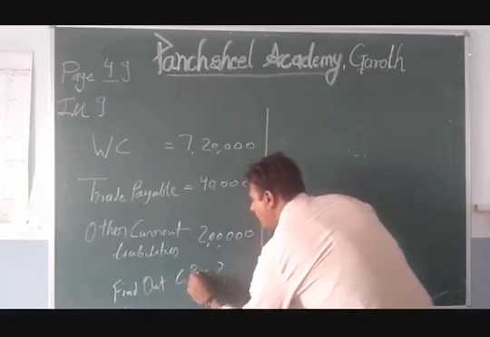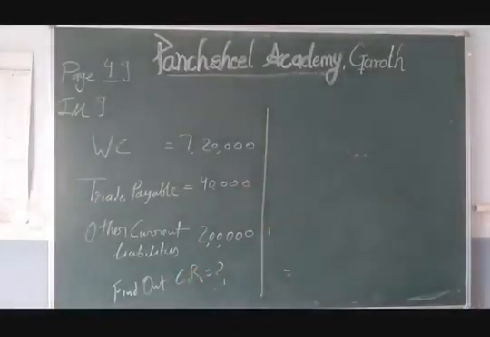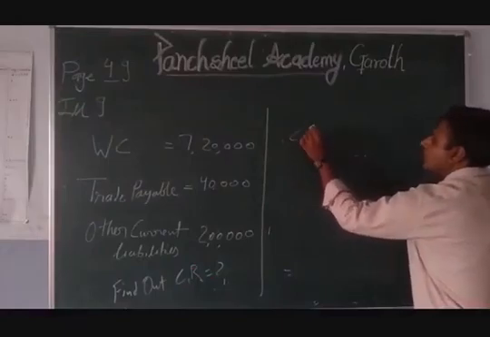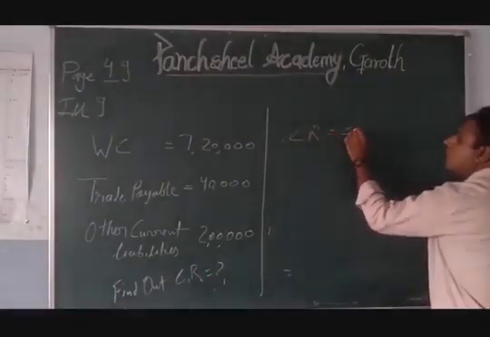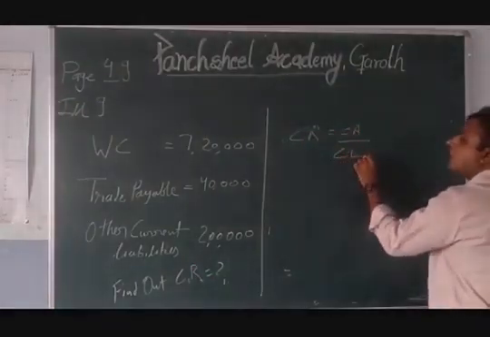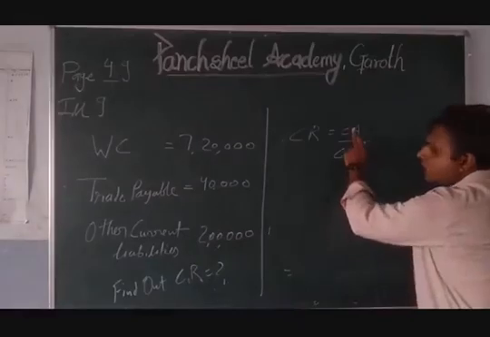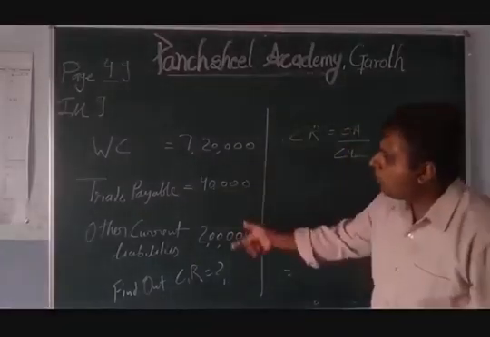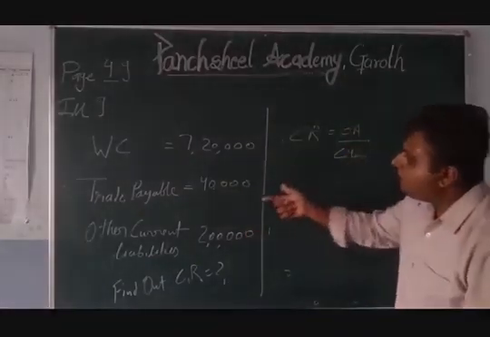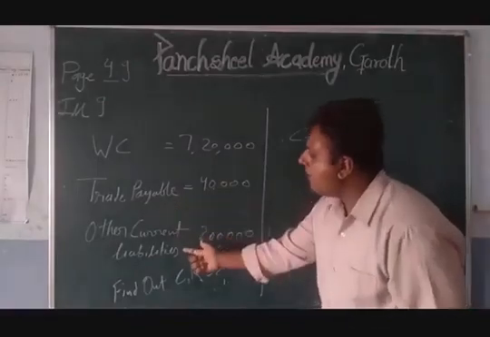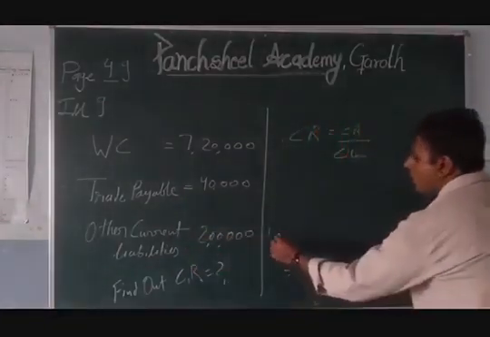Find out current ratio. So how will you find the current ratio now? See the solution here. Current ratio is equal to current asset divided by the current liability. Here is the current asset given to us? No. But for current liability the items are given: trade payables and other current liability.